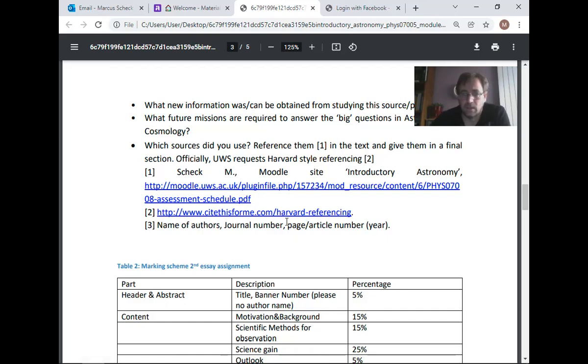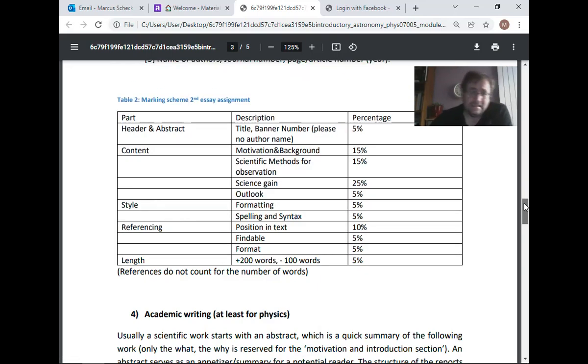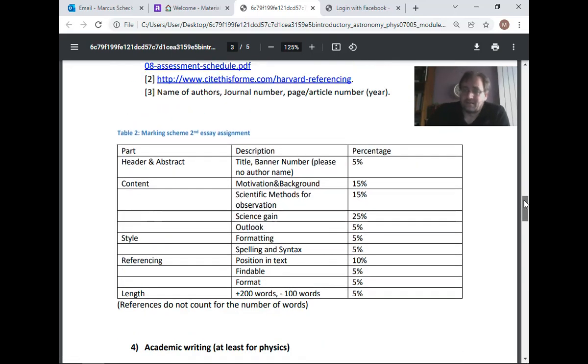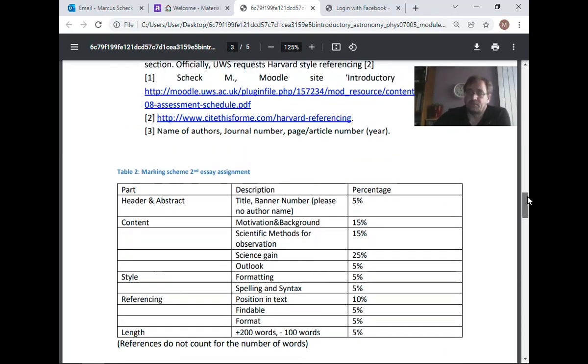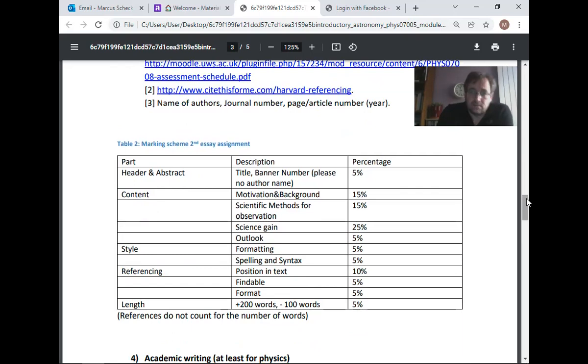UWS officially wants this Harvard referencing. I don't know whether my colleague Mark Caprio from Yale would be so happy about this. I don't mind the format as long as it's consistent and sufficient to find the resource without big hassle.